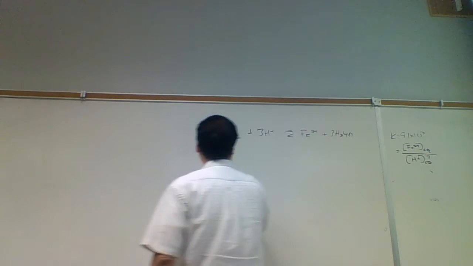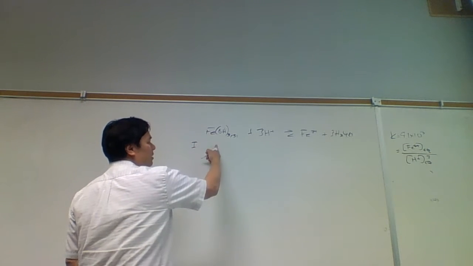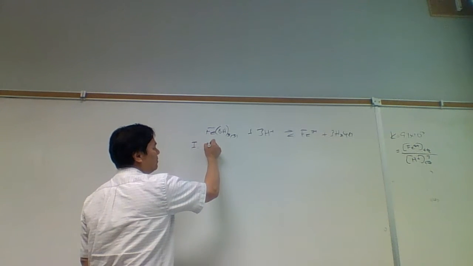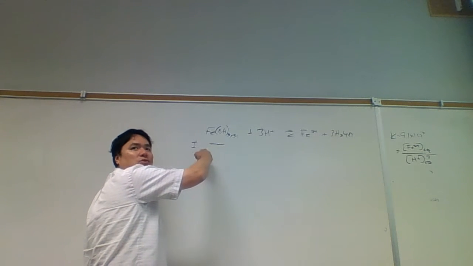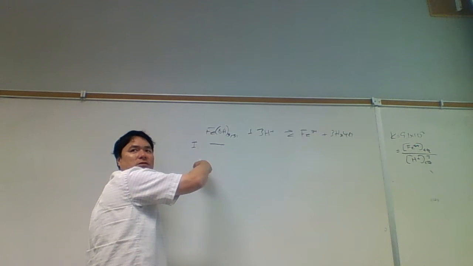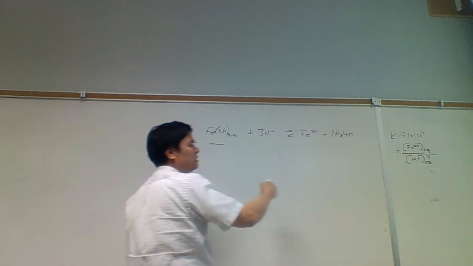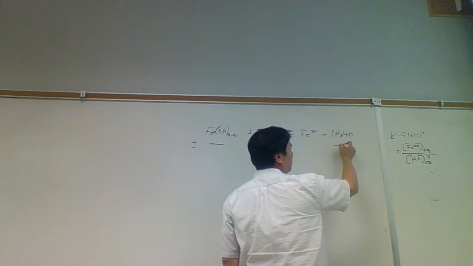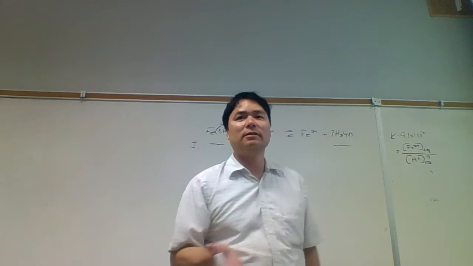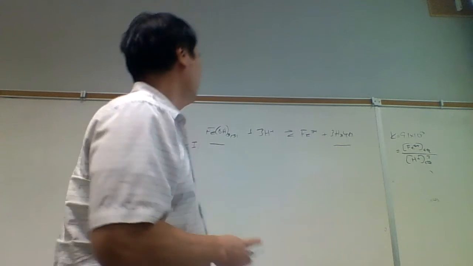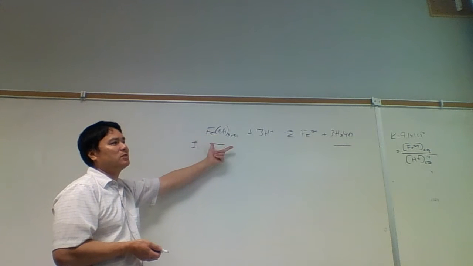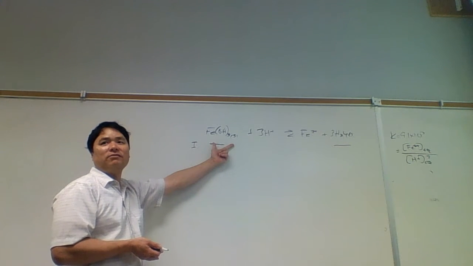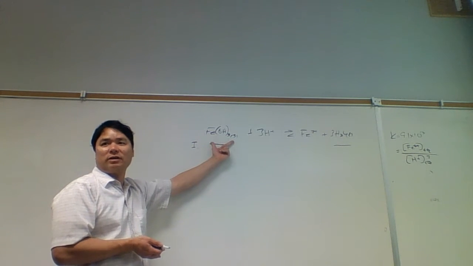Now, what we do in an ice table is this. If a solid or liquid appears in the ice table, the concentration doesn't change. The amounts will change, but the concentration doesn't change. If the amounts change and the concentrations don't change, we assume that we have enough. Obviously, if we have 0 iron 3 hydroxide, nothing's going to happen. So we're just going to assume we have more than enough.